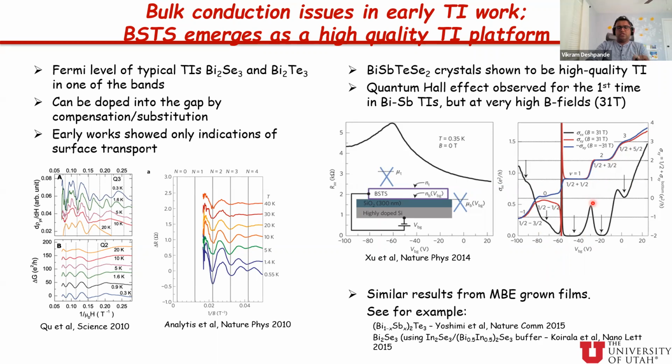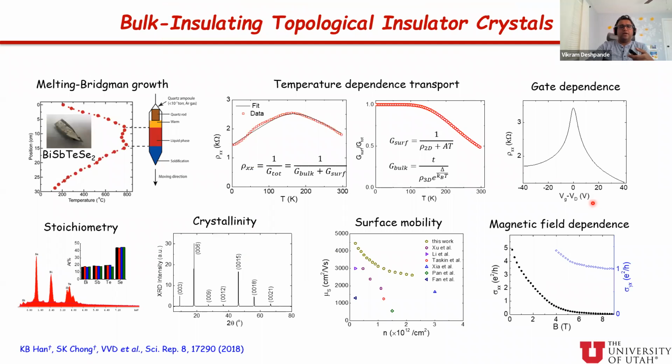Okay, so this is about the time that we got started in this field, and we implemented our own growth of BSTS together with my crystal grower collaborator Taylor Sparks, who's my colleague at the University of Utah.